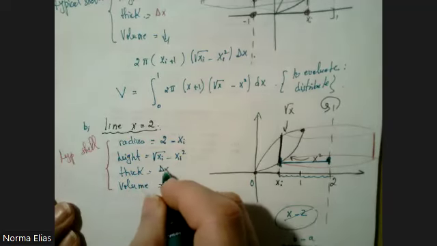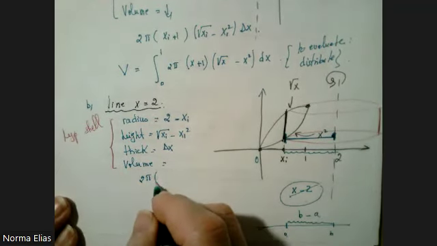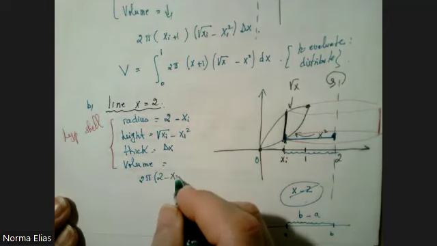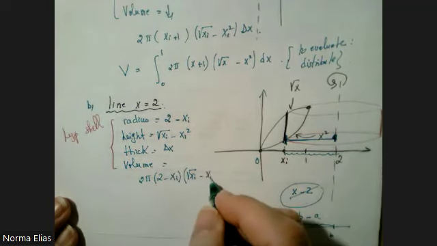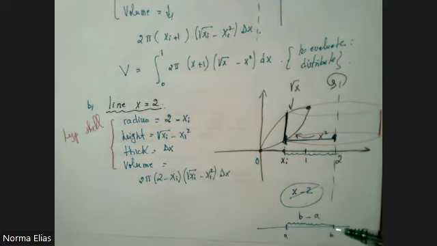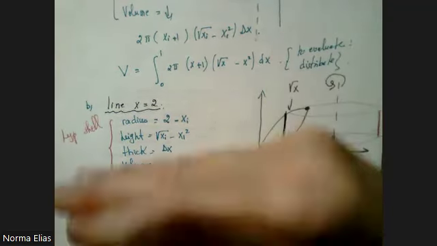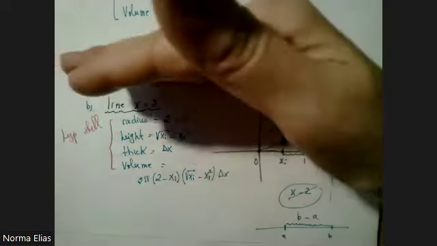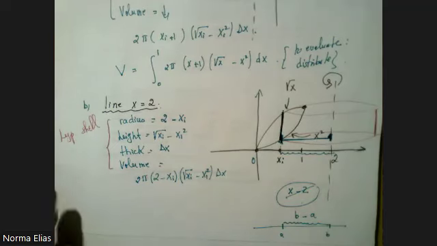This is the delta x, and the volume is 2 pi times the radius times the height times the delta x. So always remember, the horizontal distance between 2 points is the right value minus the left value. The vertical distance is the upper minus the lower. Keep those in mind in those problems.